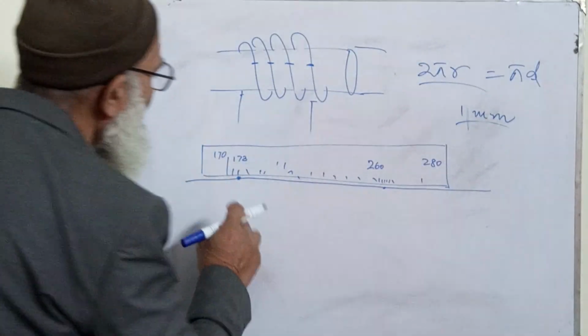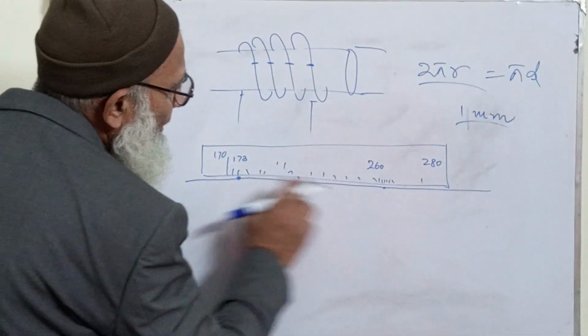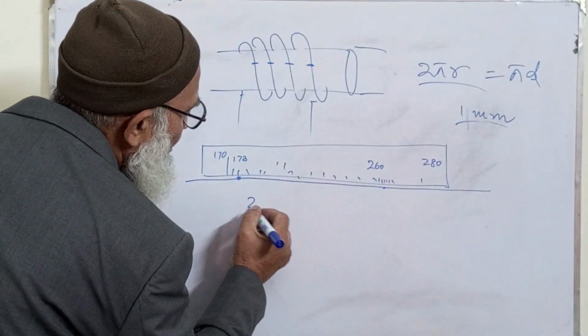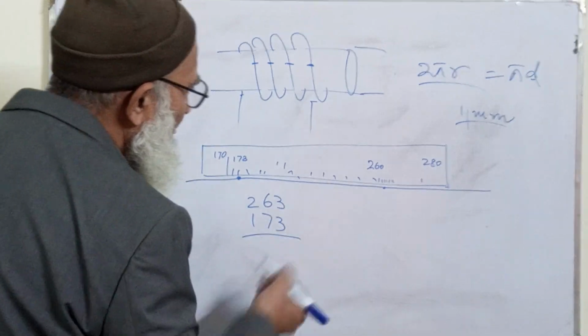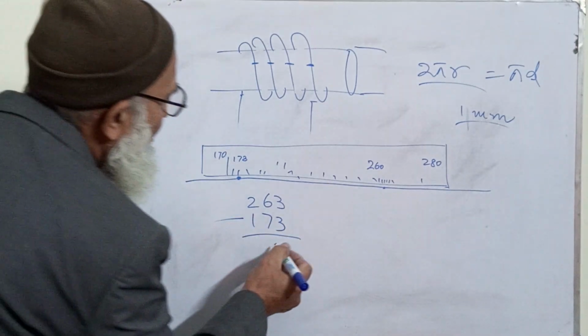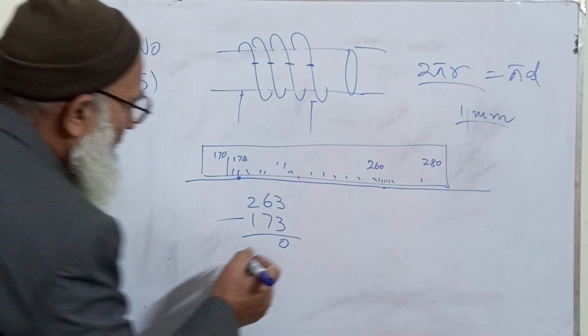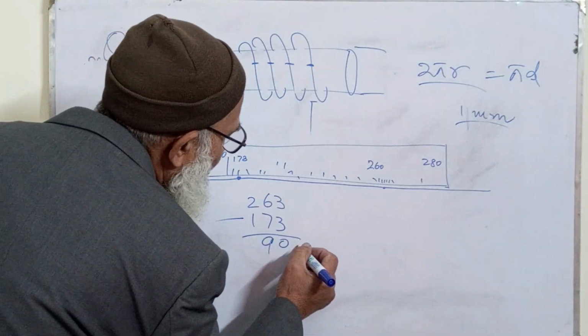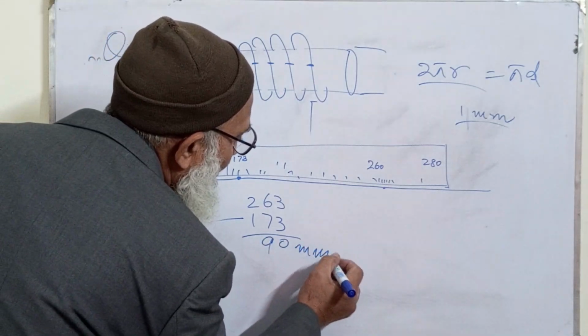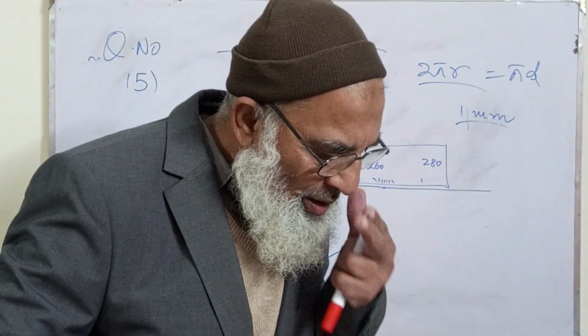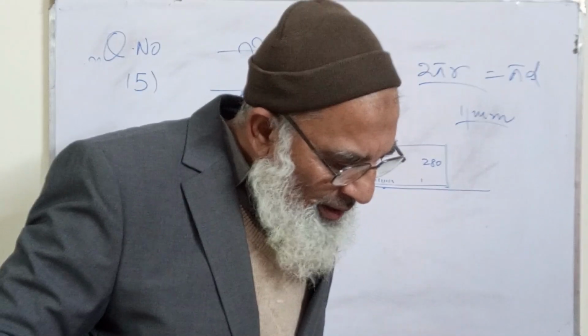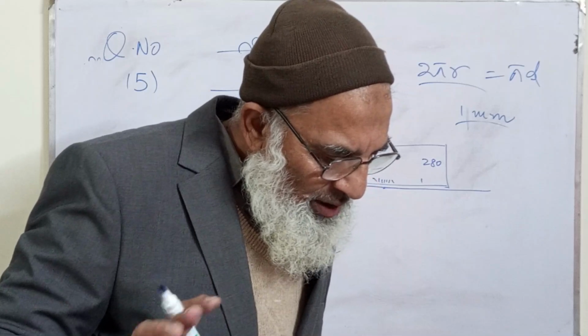Now this is 173, this is 263. Just minus it. It becomes 90 millimeter. Okay, use the photograph to estimate the circumference.